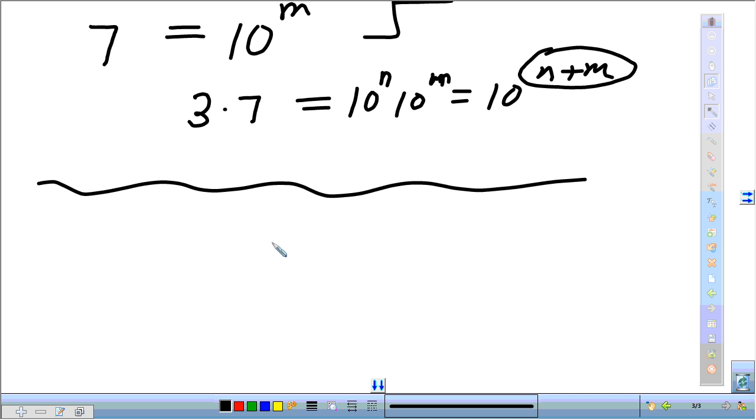So the thing was, what would be, for instance, if we had 3 and we wanted to convert it to what's the exponent? So we have to come up with the exponent.